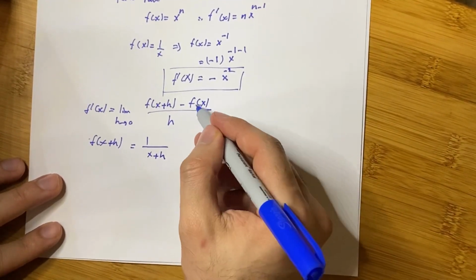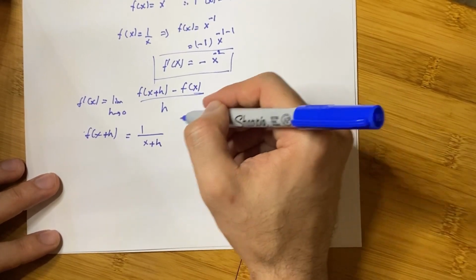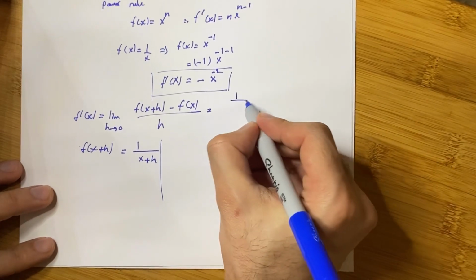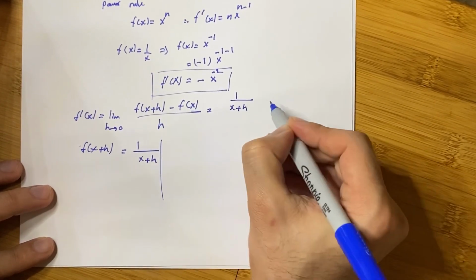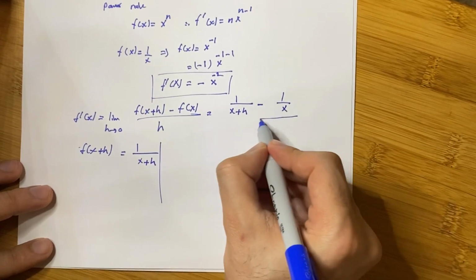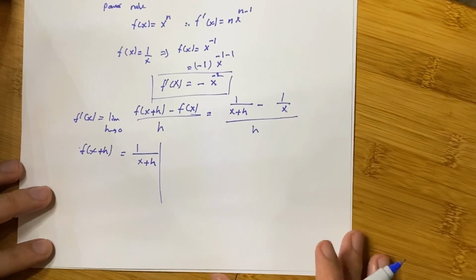So here, let's go back. That term will be 1 over x plus h, and then minus 1 over x, and then over h.